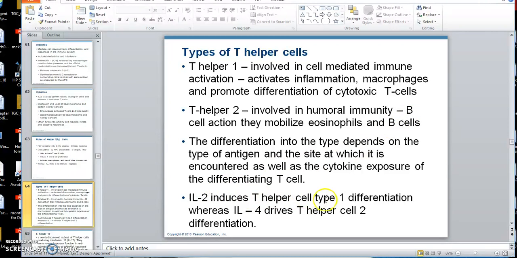Interleukin 2 induces T helper cells. Interleukin 4, so in other words, to say it another way. Remember, the three types of antigen-presenting cells are dendritic cells, some macrophages, and some B cells. Let's say the B cell is the one that encounters the microorganism.